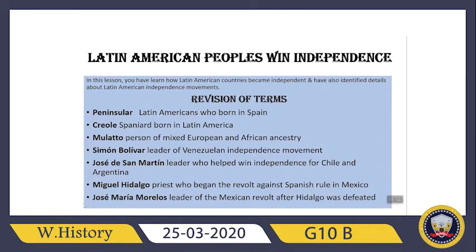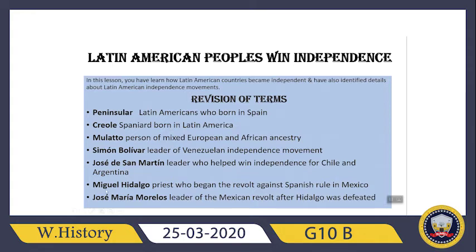And then here is the name of a person, Simon Bolivar. Who was Simon Bolivar? He was a leader of the Venezuelan independence movement. Then we have Jose de San Martin. It's a Spanish or, I think, French name. He was a leader and he helped win independence for Chile and Argentina.